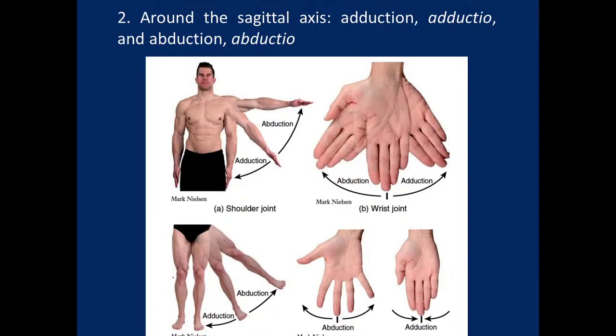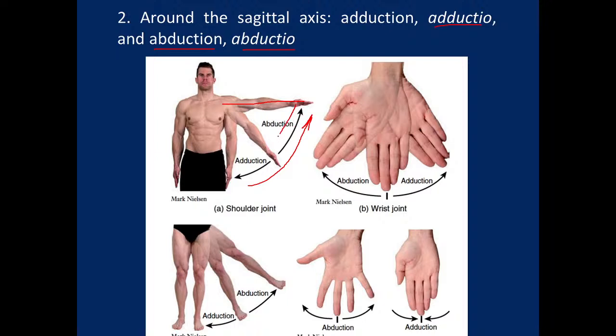Around the sagittal axis, we produce adduction, adductio in Latin, and abduction, abductio in Latin. This is the abduction when it goes horizontally in shoulder joints.